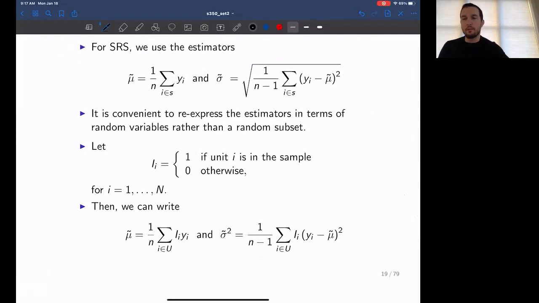Now we can express these estimators in terms of an indicator variable. The indicator variable here is called capital I subscript little i. And capital I is a binary variable. So it's either equal to 0 or it's equal to 1. It's equal to 0 when the observation of interest, observation i, is not in the sample, and it's equal to 1 when observation i is in the sample.